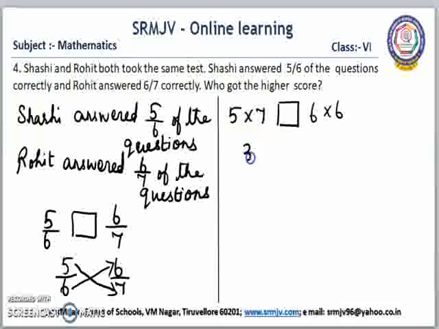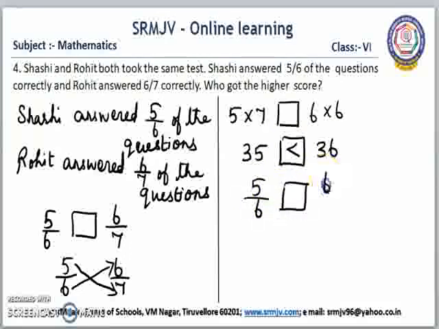Now we have to find the product. 5 sevens are 35. 6 6s are 36. Which is greater? 36. So which fraction is greater? 6 by 7 is greater. So, who scored the highest score?